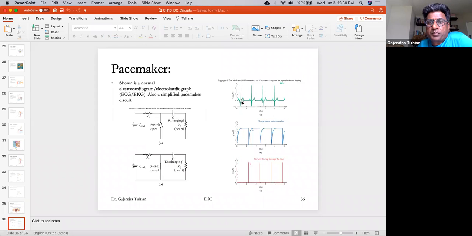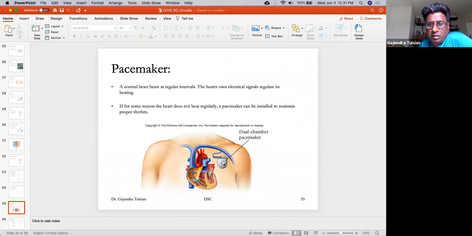If you measure the voltage at various locations when a heart is working normally, this is the EKG signal you get. When it's not working properly, you can use a pacemaker, which will give electric shocks at the right time.